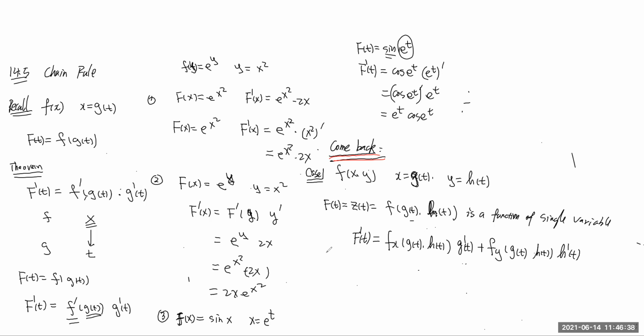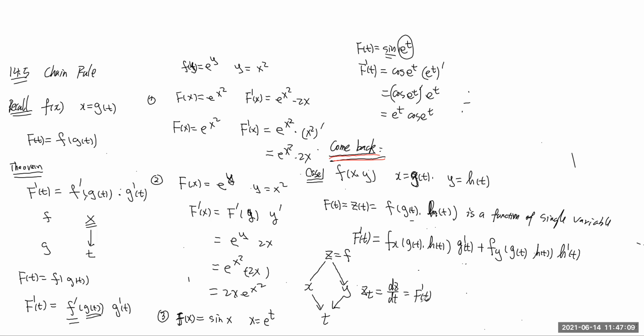This is f, or z = f. It's a function of x and a function of y, and x and y are both functions of t. You want to compute dz/dt like this. dz/dt and F'(t) are the same.